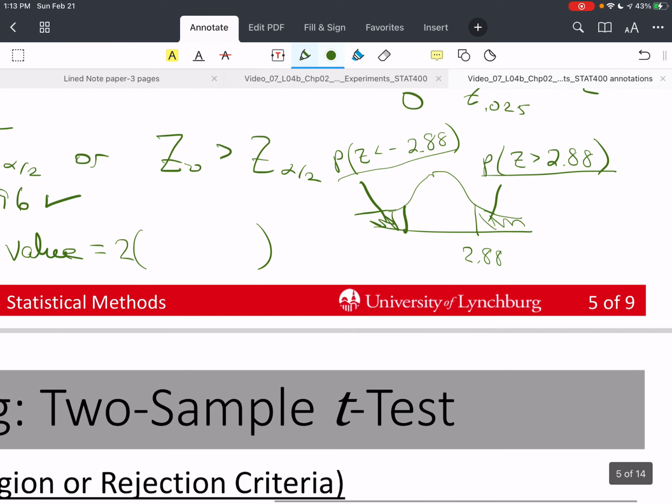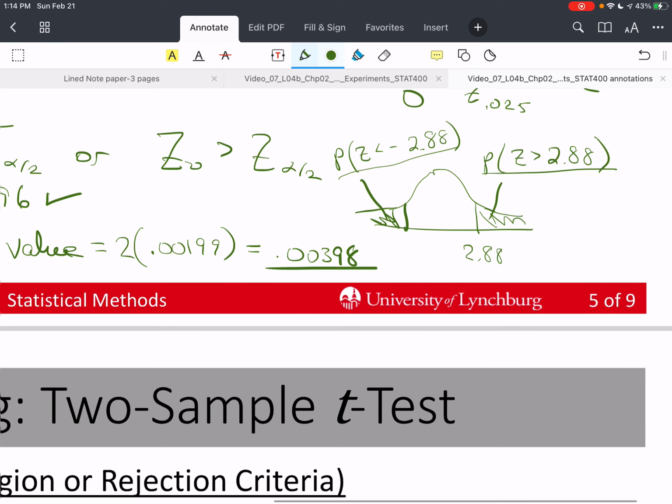So that's the one-sided. So we have 2 times 0.00199 equals, let's see, 0.00398. 1 minus 0.99801 is 0.00199. 2 times that is 0.00398.